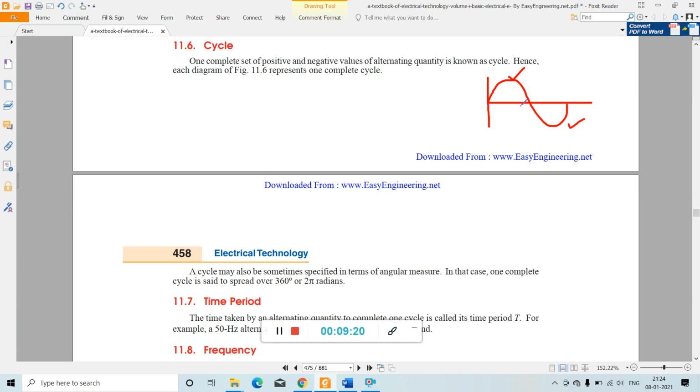So this forms one cycle. From this point to this point represents one complete cycle. A cycle may be specified in terms of angular measure. One complete cycle is spread over 360 degrees or 2 pi radians.